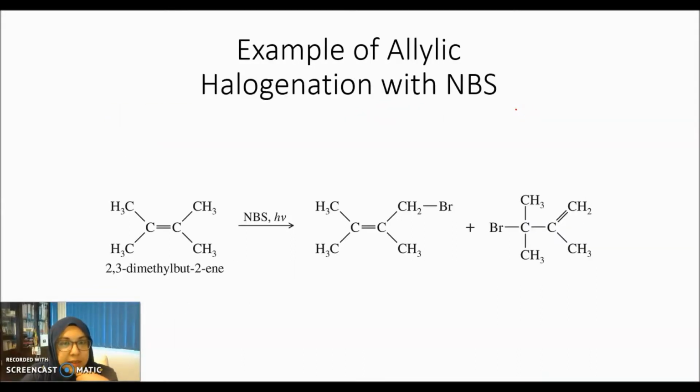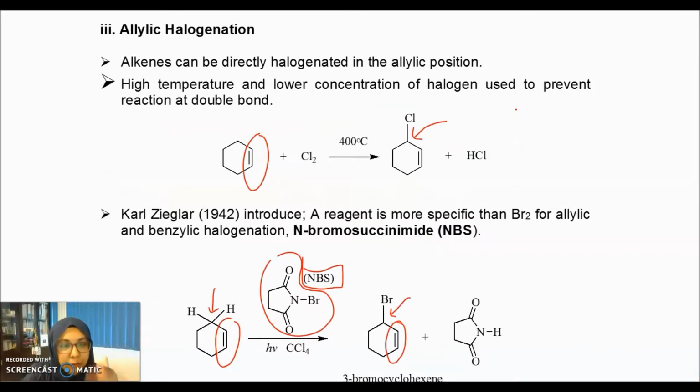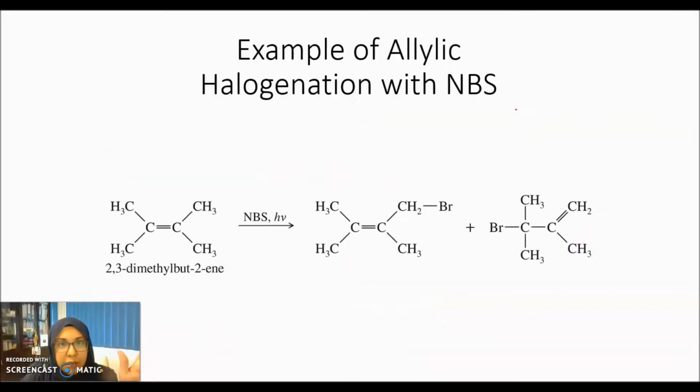This is another example of halogenation with NBS. Previously, we looked only at cyclohexene. Is it only applicable for cyclohexene? It is not, because you may have a straight chain like this, 2,3-dimethylbutene, and we react it with NBS.